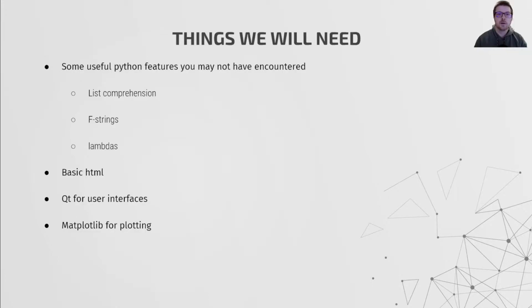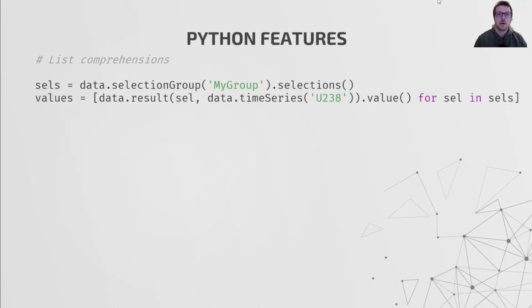To effectively create QAQC modules for iolite, we need to learn about a few more Python features and packages, and even a bit of HTML. A few Python features we'll use today that I don't think were covered by the Python for Everybody course are shown here. First, we have what is known as a list comprehension.